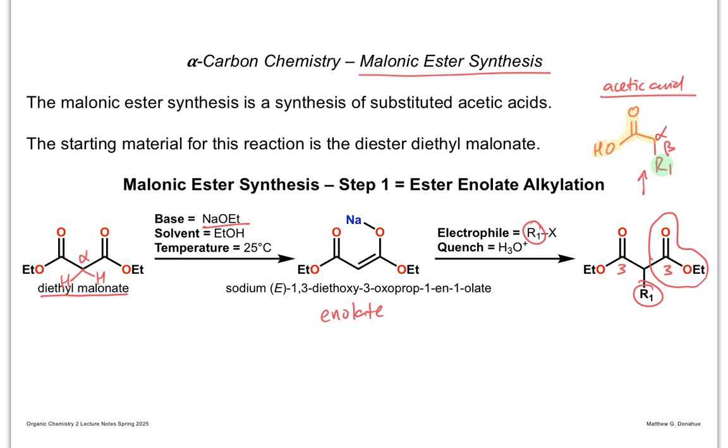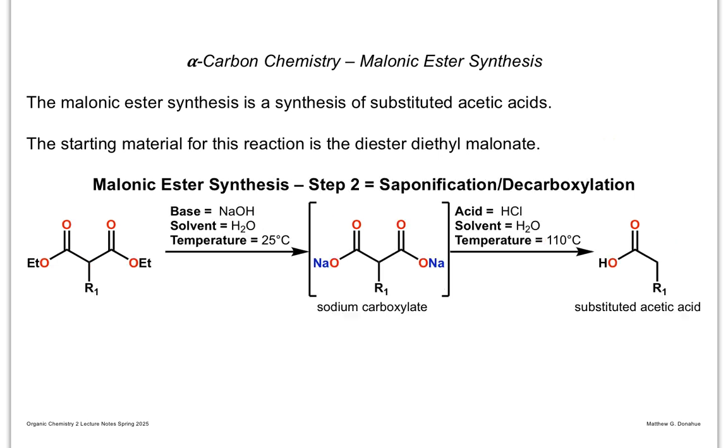Any questions? So once you do the SN2 alkylation, the last two steps are the same. Sodium hydroxide, that's the saponification. Now what you end up with is this dicarboxylate. And so that gets protonated.